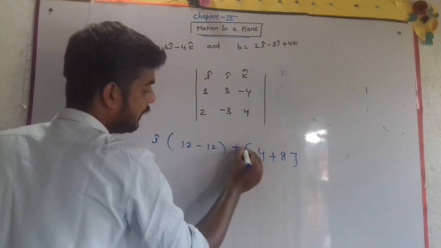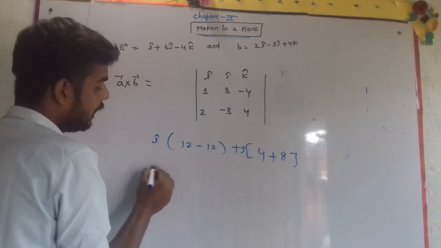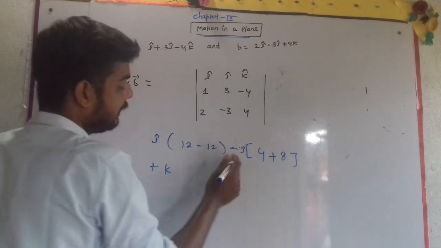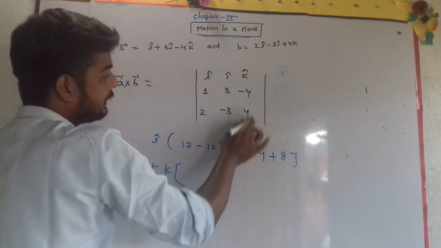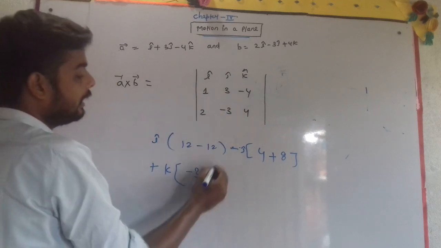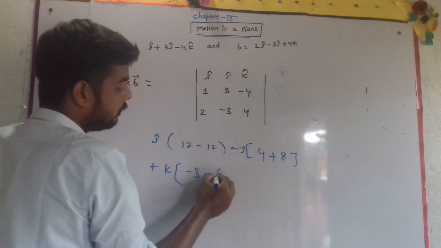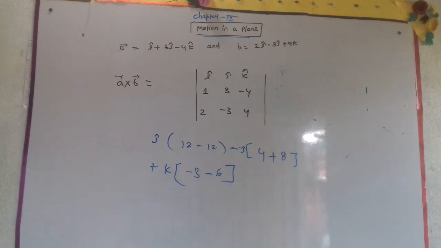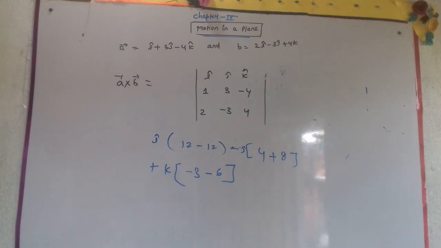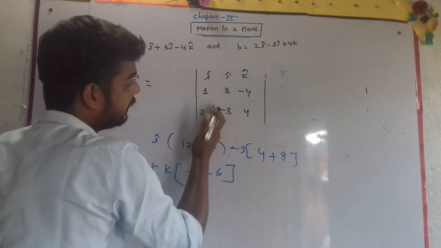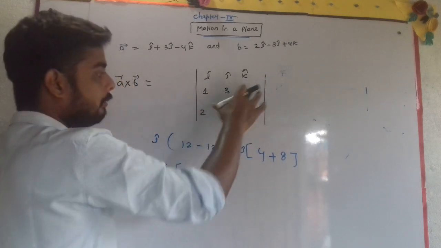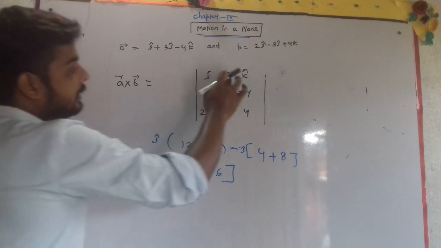Okay, we have to write here j, and afterward we have k, plus will be taken here, minus for j, plus minus plus. So for k, this line and this line will be cancelled. Then 1 multiplied by minus 3, we'll get minus 3, minus 3 twos are 6, like that. Again I will say, you just understand how we can solve the determinant. For i, this line will cancel, 3 fours are 12, inner side sign will be minus, and afterward j will be taken.